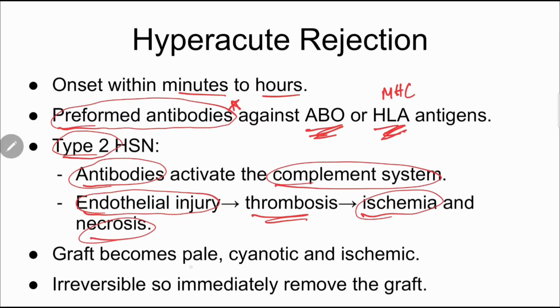It starts to become pale, cyanotic, and ischemic, and this is irreversible. So you immediately remove the graft. This is going to be your first line treatment. As soon as you see that the damage is very severe, the graft itself is starting to become pale, cyanotic, ischemic, mottled, you remove it immediately because it is irreversible.